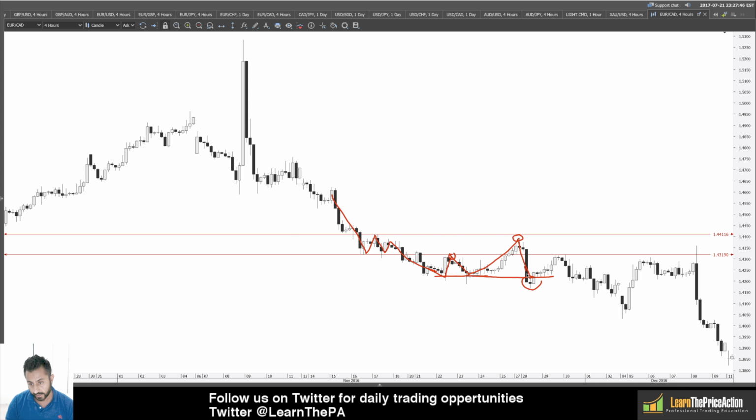Okay, tries to go past it, it could not breach and make a new lower low. That means that below this line it did not make a lower low. So that means this line is still valid. Okay, so what do we have here? It comes back here, and then it comes down here.